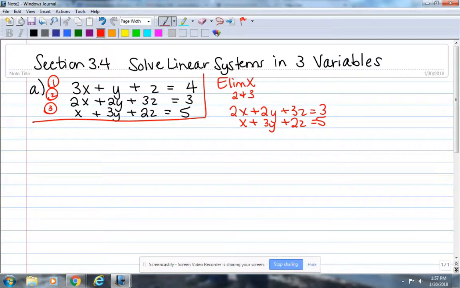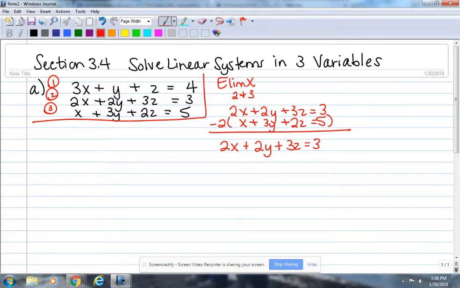If we're eliminating x, I have a 2x here and a 1x here, so I need to change the 1 to a negative 2. So let's multiply this whole row by negative 2. I'm going to copy the first one because I'm not changing it, and then distribute the negative 2 times all 4 terms in the second one.